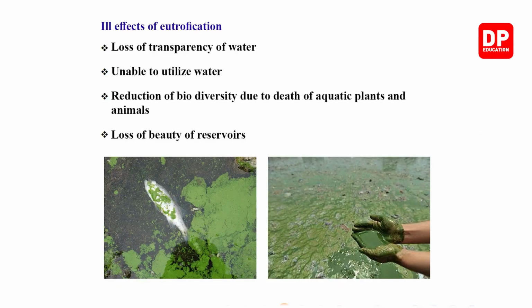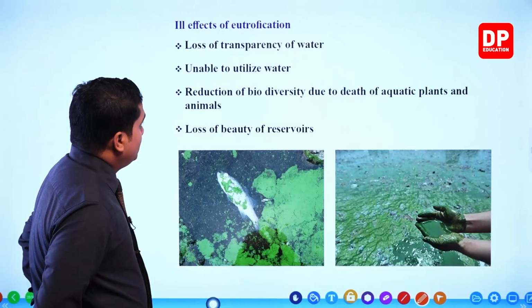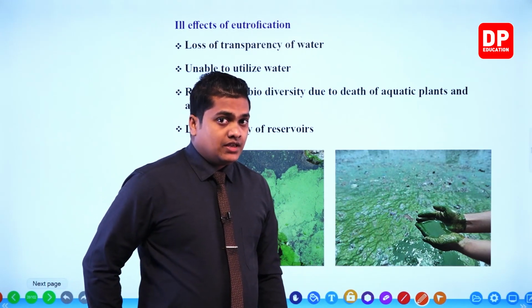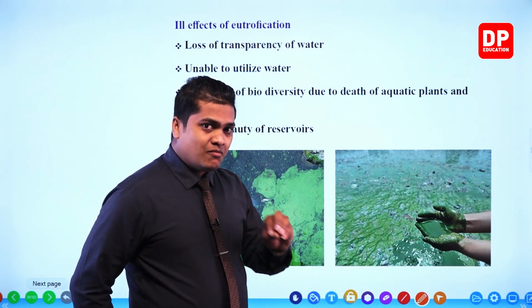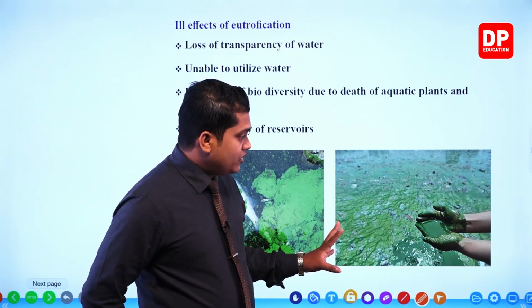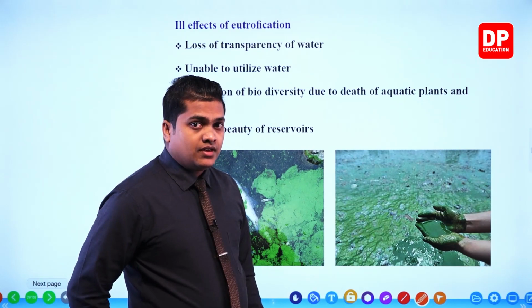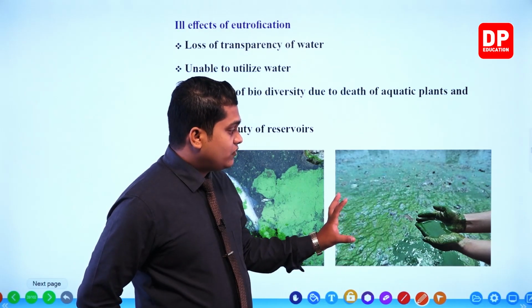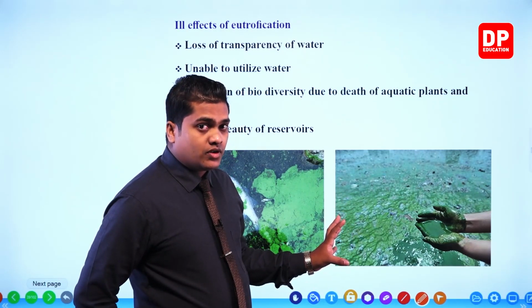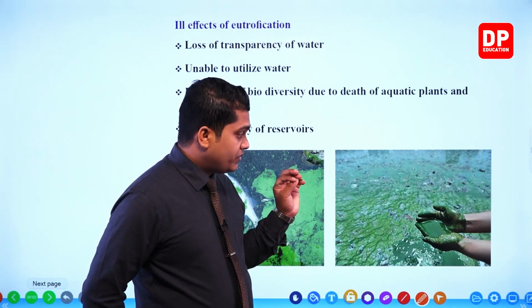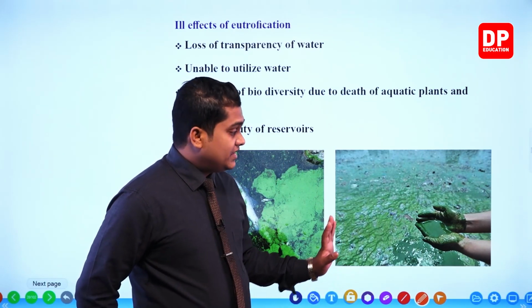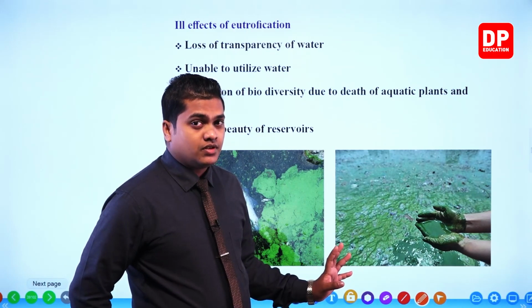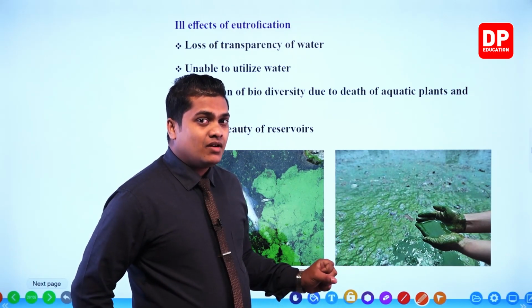Then the ill effects of eutrophication are given. Let's see. Loss of transparency in water. If you can see the figure over here, you can see this water is completely eutrophicated. We won't be able to observe water even here. See, it's terribly eutrophicated. This kind of water, we won't even be able to touch it because it is going to emit much toxic and bad odor.